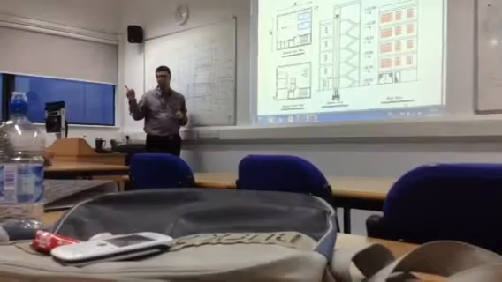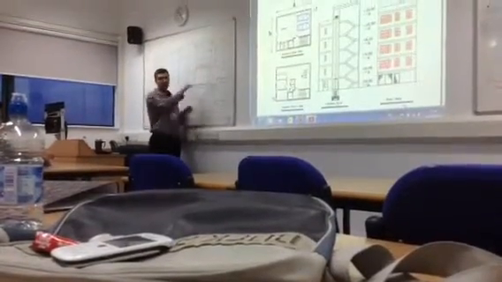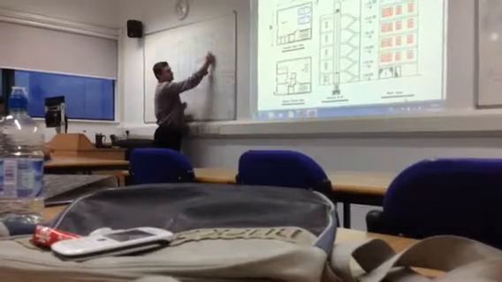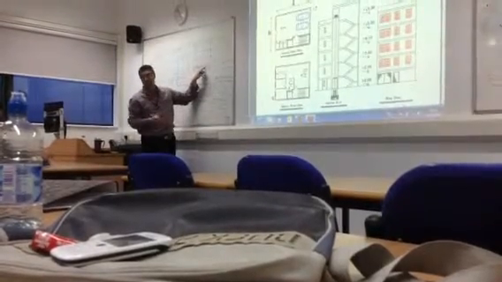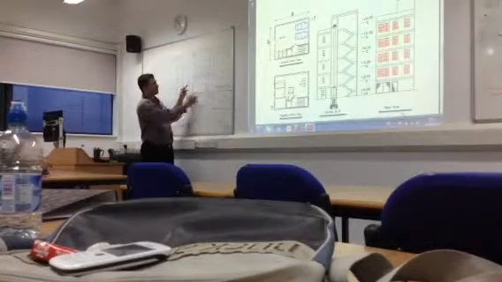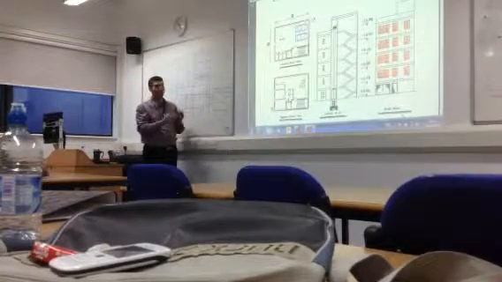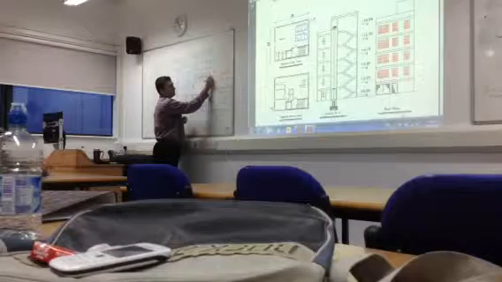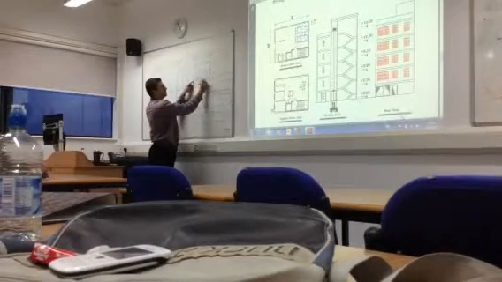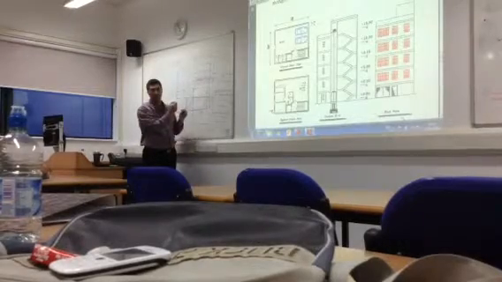So for part one, A1 and A3 would be the same, wouldn't they? If this is 17, the load applied here is 17 times 5 divided by 2, because one is here, one is here.